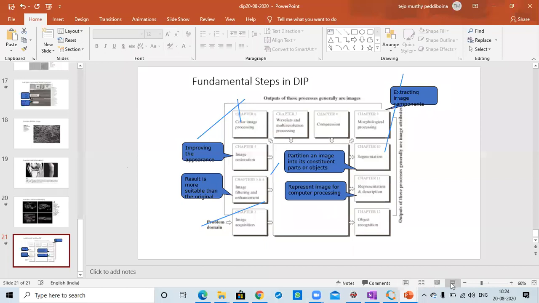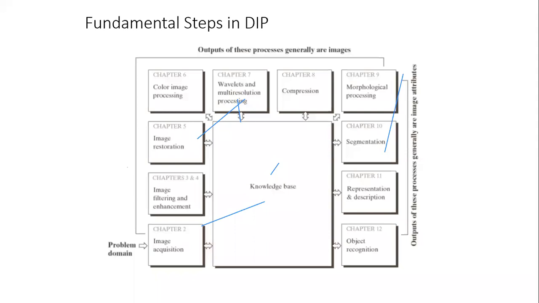So what are the steps involved in digital image processing? Let us discuss. The first step is image acquisition. Image acquisition means capturing with cameras.